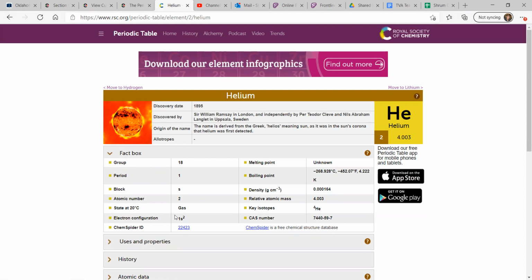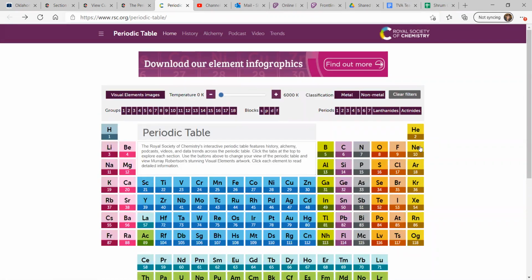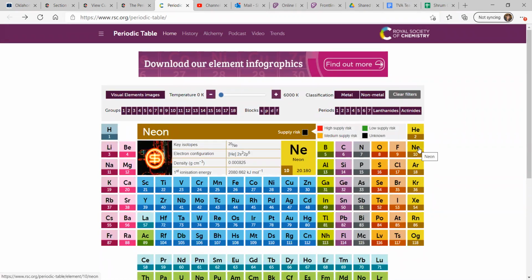Electron configuration. We have 1s2 for helium. We have neon, 2s2, 2p6, then 3s2, 3p6, 3d10, 4s2, 4p6, and so on.